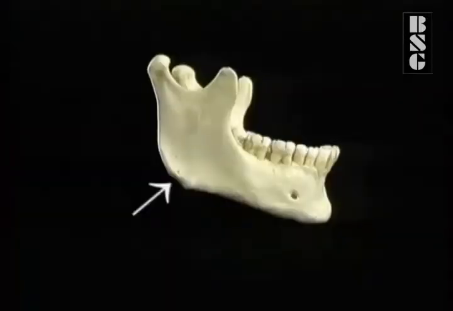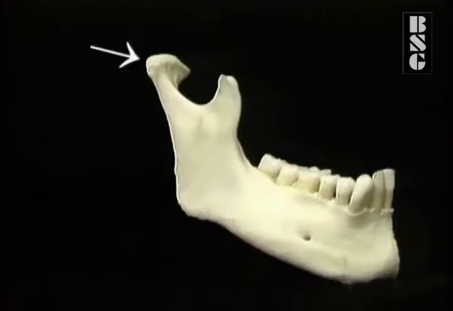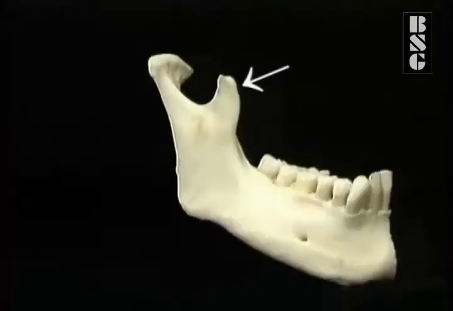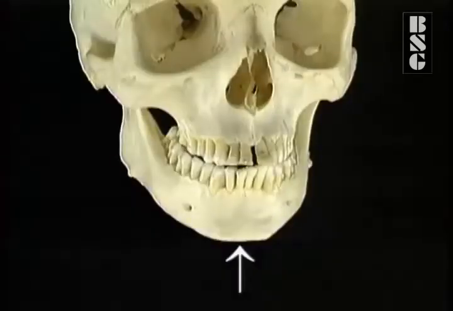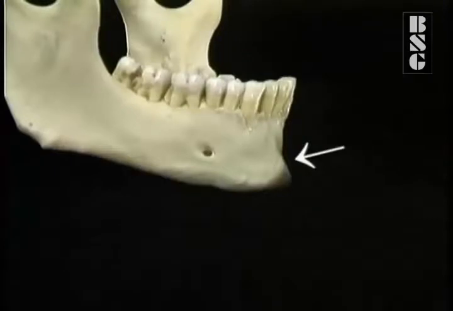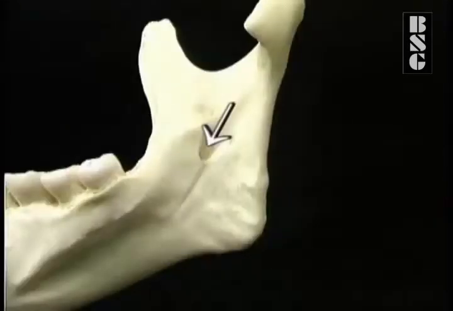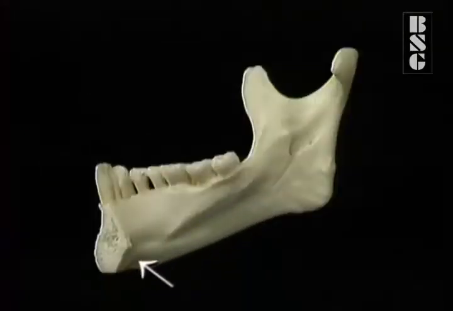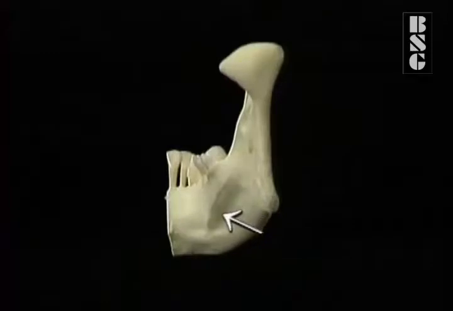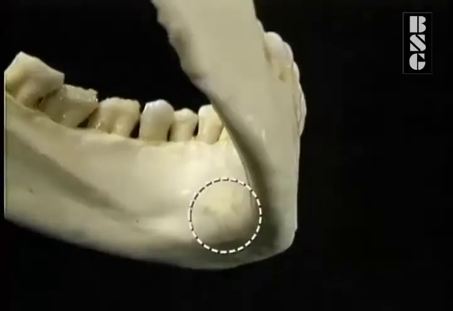Here's the angle, the condyle, the neck, the coronoid process, and the mandibular notch. Here are the symphysis, the mental protuberance, the buttress, the mandibular foramen, the lingula, the mylohyoid line, the submandibular fossa, and the mental spine.